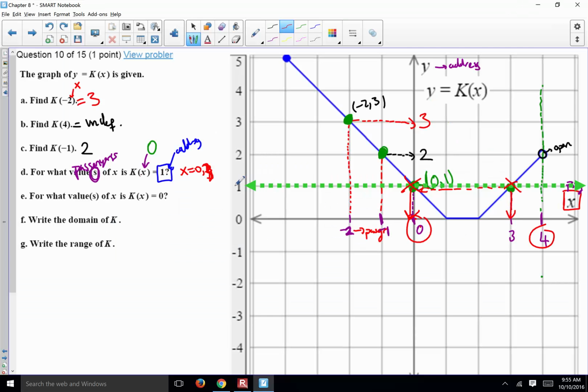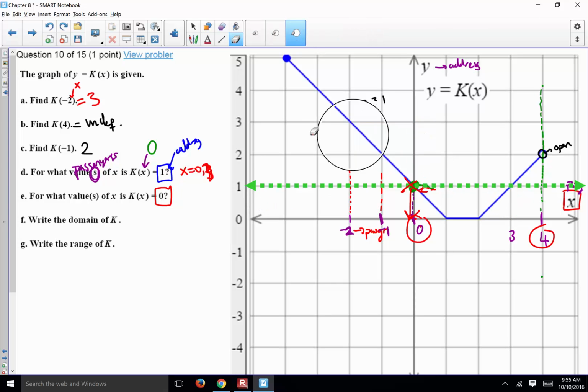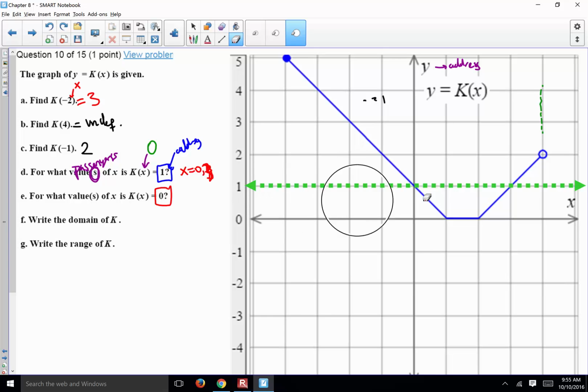Alright. Who lives in address 0? I'm going to take this line back to the 0 level.